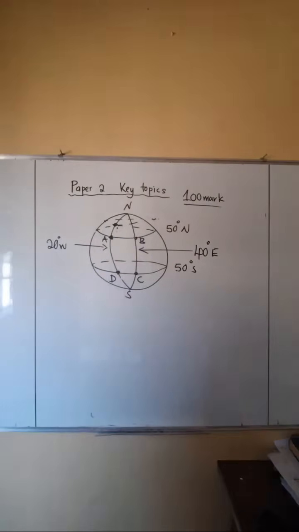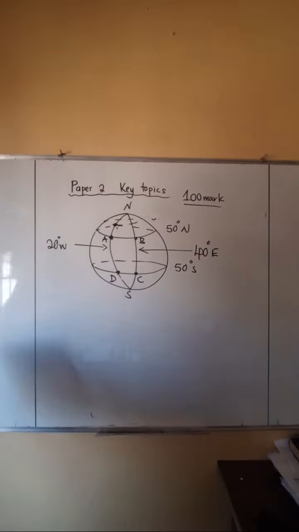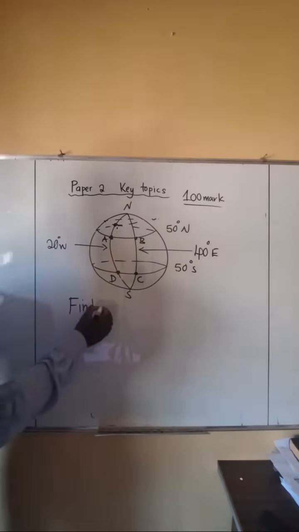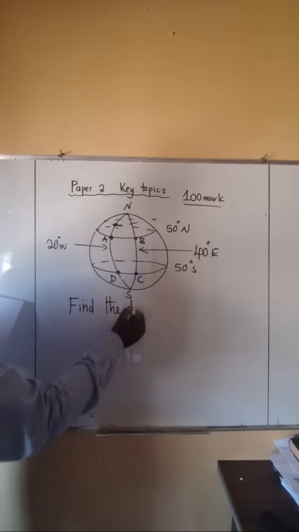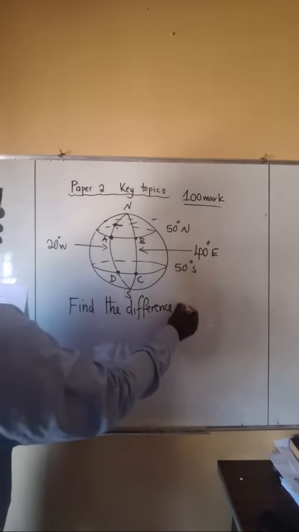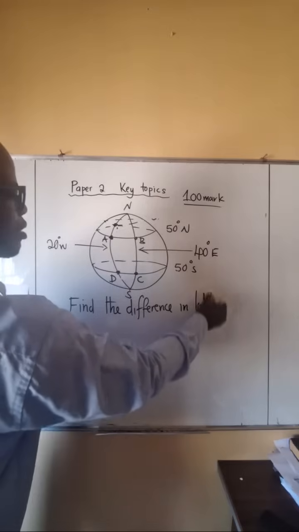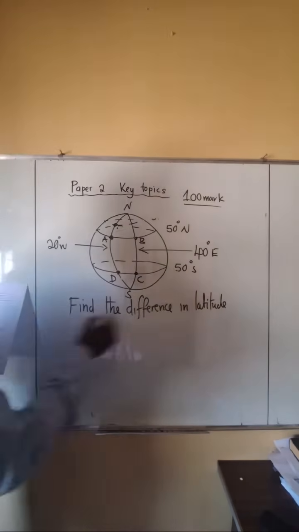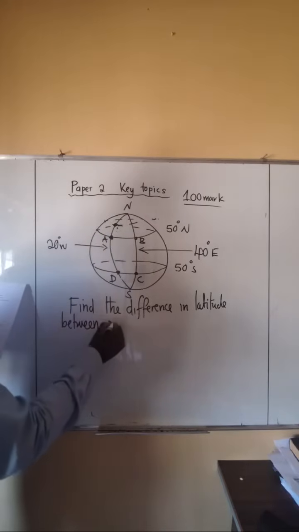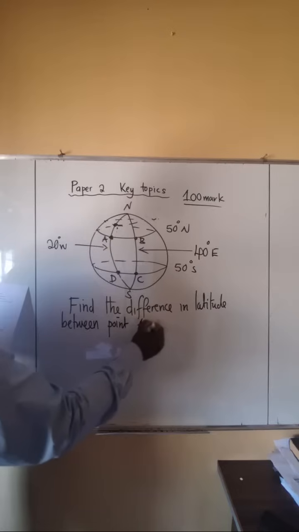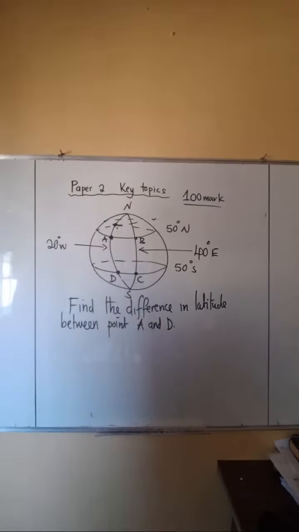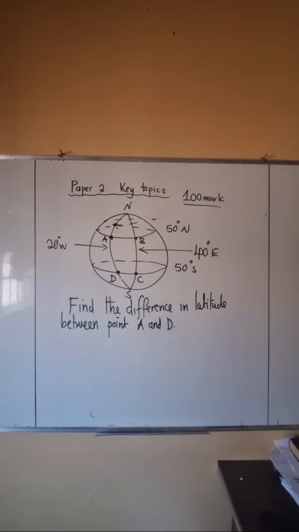So here the question reads: I've been given this, and then the question is find the difference in latitude between point A and D. So difference in latitude between point A and D.